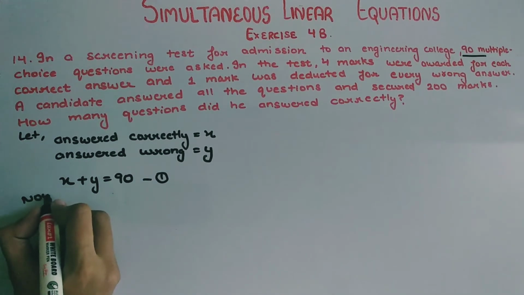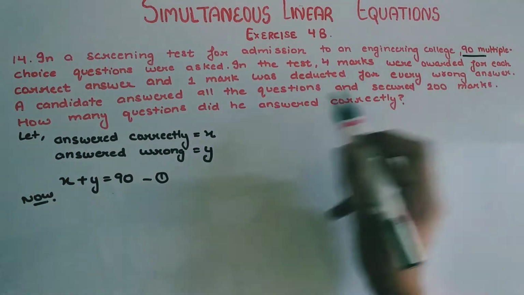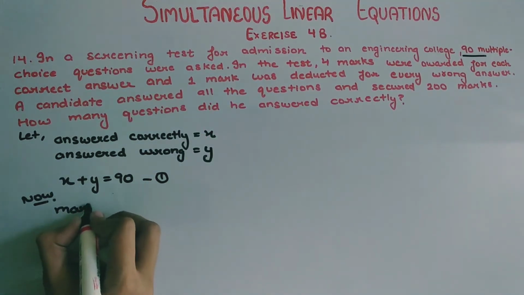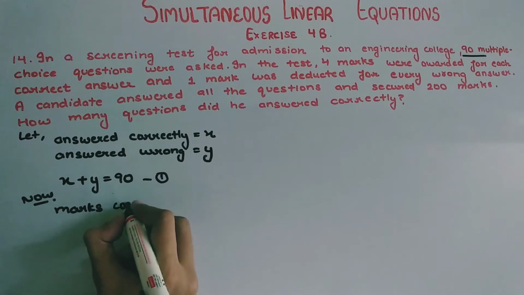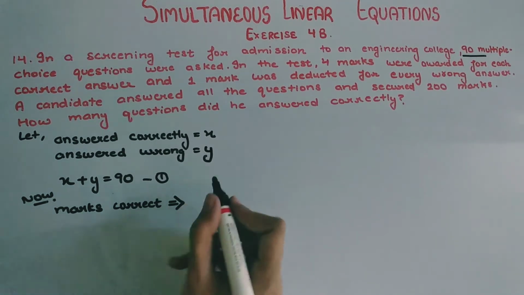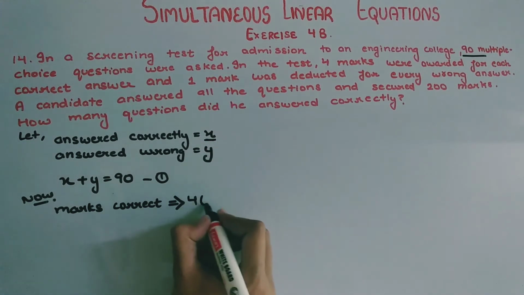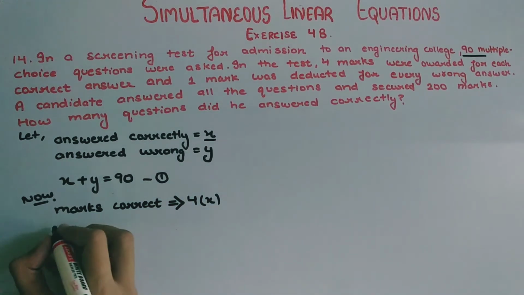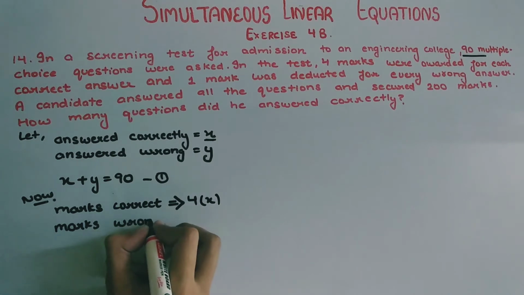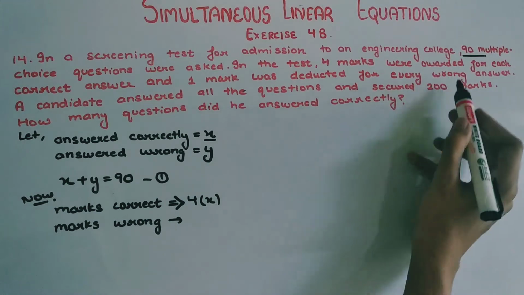Now ahead they have given that 4 marks were awarded for each correct answer. Means the marks obtained by the candidate for correct answers are 4 marks for each answer, and the total number of correct answers is x. Means the marks for correct answers is 4 multiplied by x, and for wrong answers they are saying that 1 mark was deducted for every wrong answer.